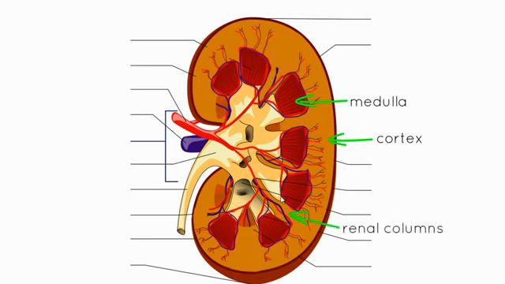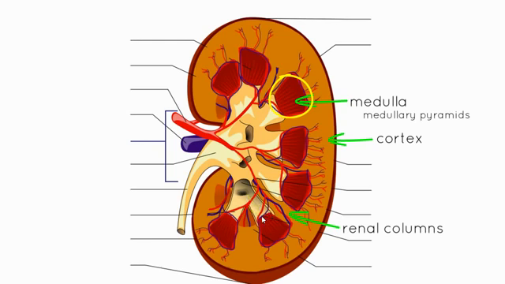So these are called renal columns. So the medulla is this inner tissue which is surrounded by cortex, and it's shaped like a pyramid, so they're called medullary pyramids. So the base of these pyramids faces outwards into the cortex, but the tip of the pyramid, the apex, points in towards the renal sinus.